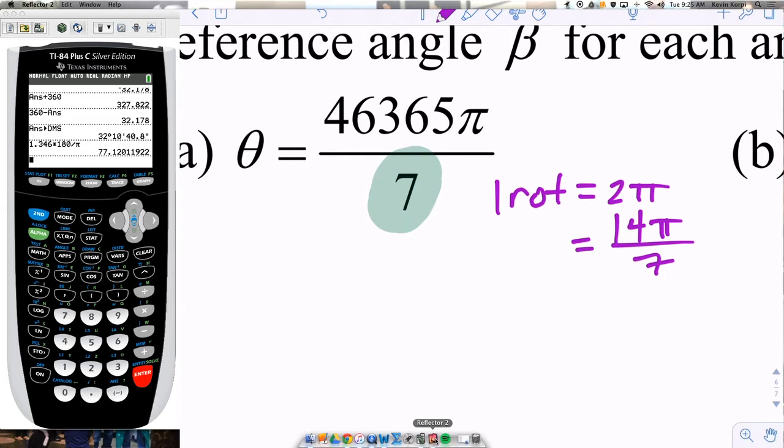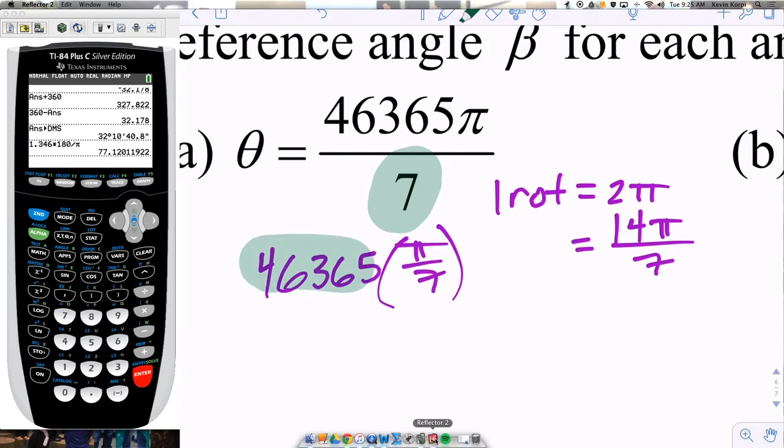Okay, so here's what we're going to do. I basically have 46365 pi sevenths. That's another way to write it. And I really just want to focus on this number there. Because I know if it takes 14 pi sevenths to make 1 full rotation, and I have 46365 of them, I just need to figure out how many times 14 goes into 46365.